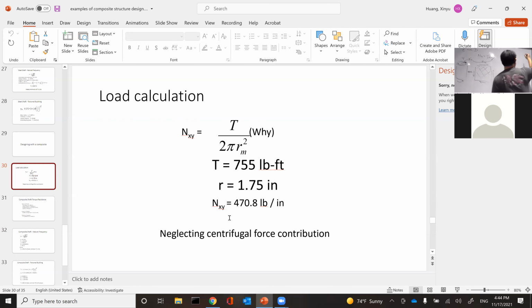And through a relationship, your sigma axial is PR over 2T, right? The axial stress, no, 2T. Sigma hoop is PR over T. This is the stress in a thin wall cylinder.